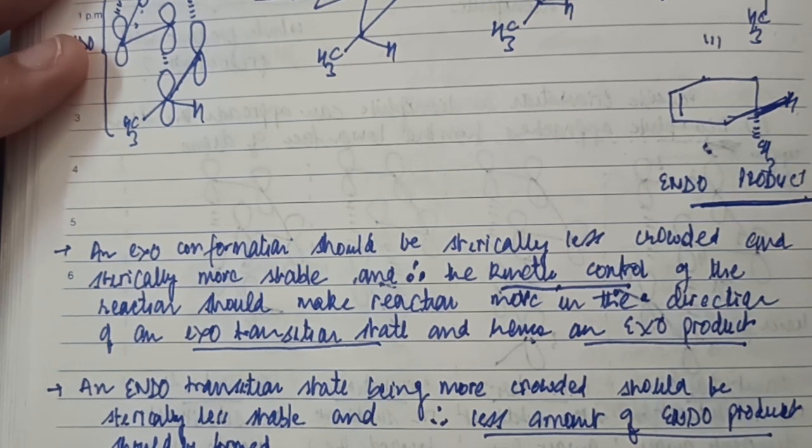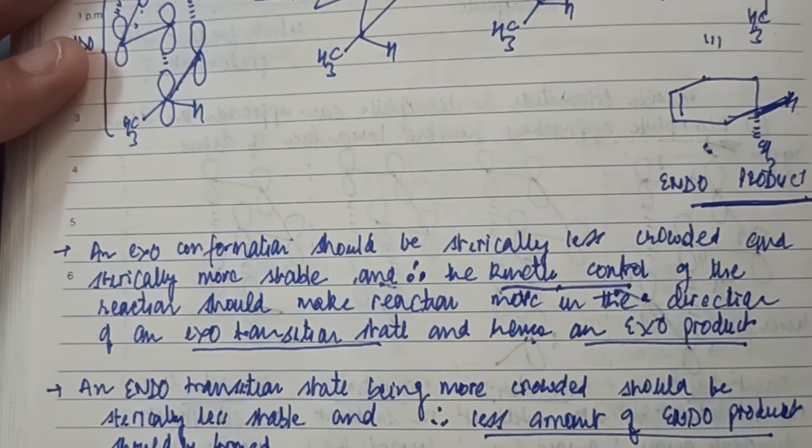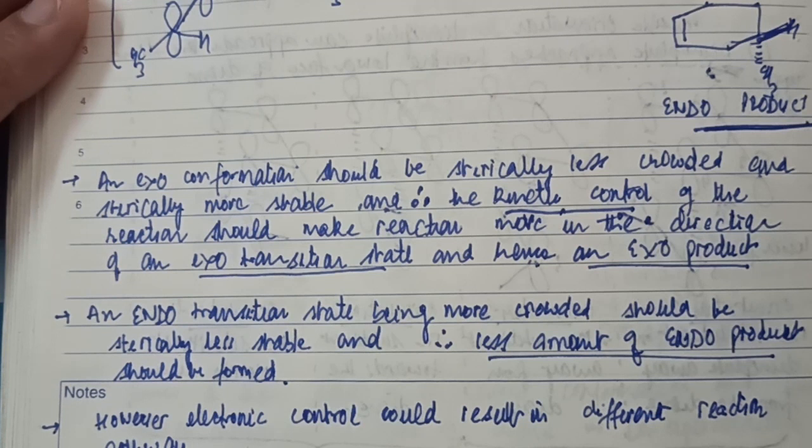Hence, out of the two products, exo and endo, if it is only the steric reasons which are controlling the reaction, probably under those conditions the exo product will predominate and the endo product will be only in minor quantities. However, this is not always the case.